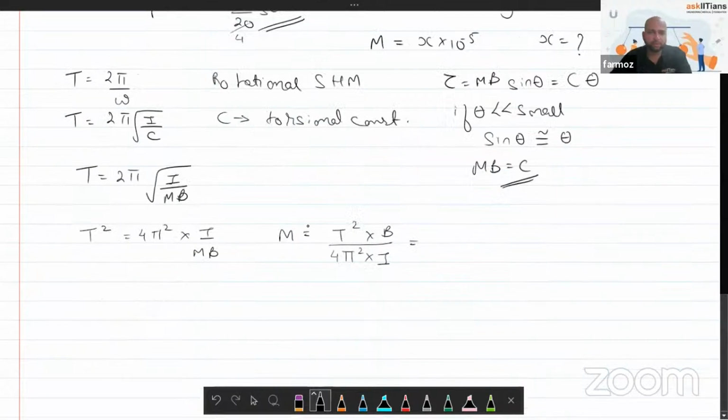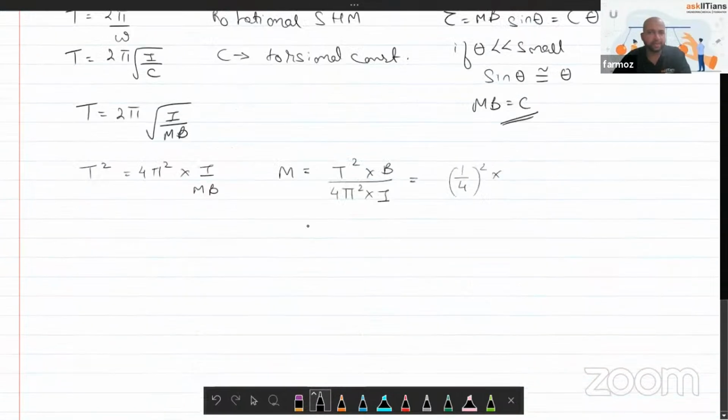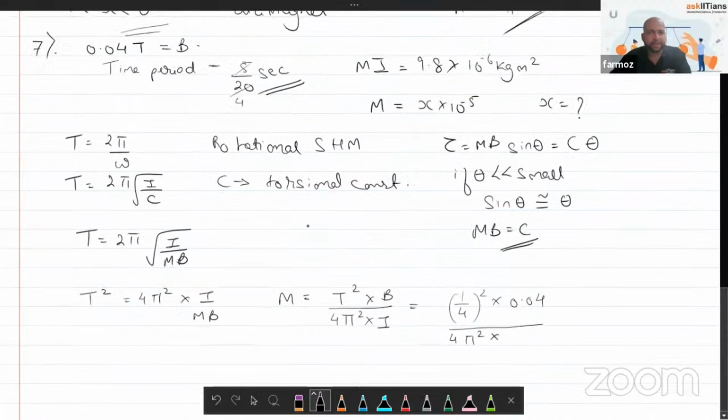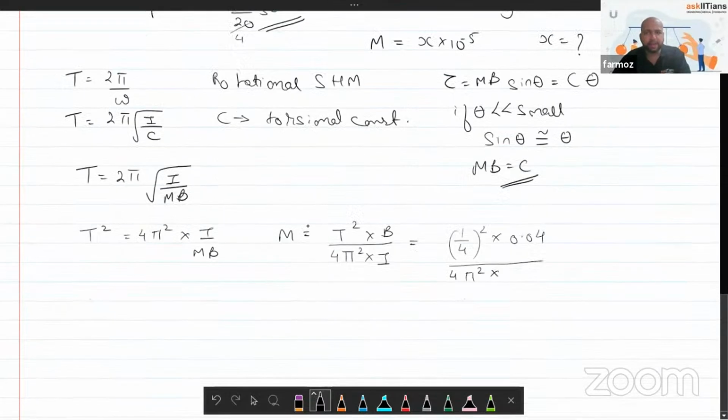So this becomes 1 by 4 the whole square into, now b is 0.04 upon 4 pi square into, moment of inertia is given as 9.8 into 10 raised to minus 6.